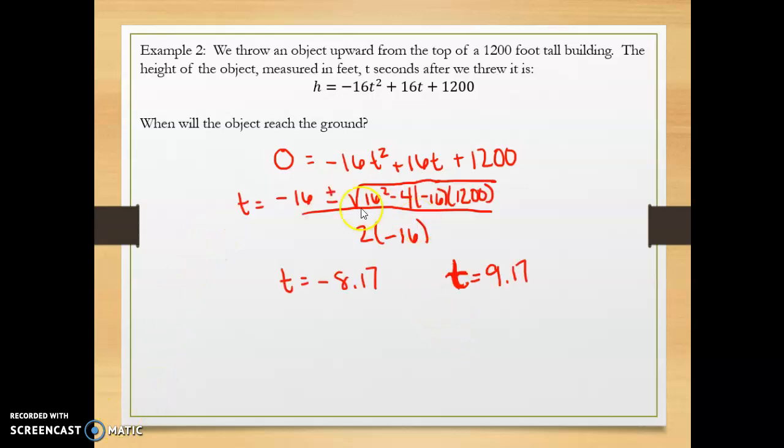When we plug this into the quadratic formula, I get 2 answers: negative 8.17 and 9.17. Now we know that time cannot be negative, so it is going to take 9.17 seconds for this object we threw to get to the ground.